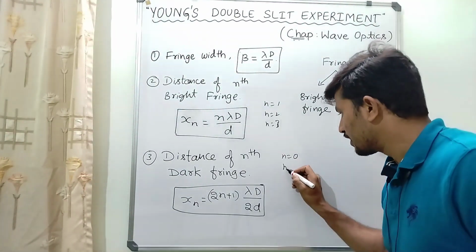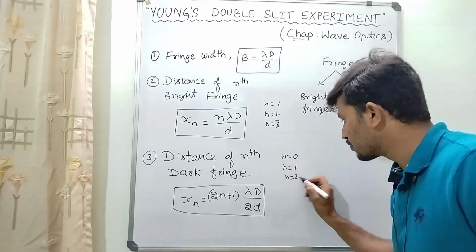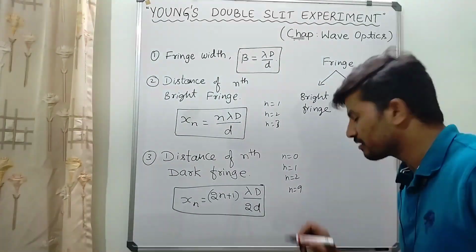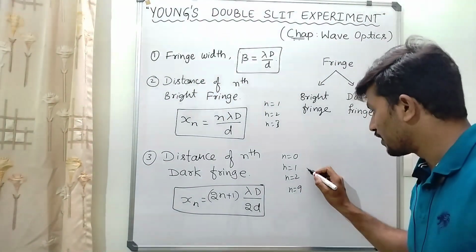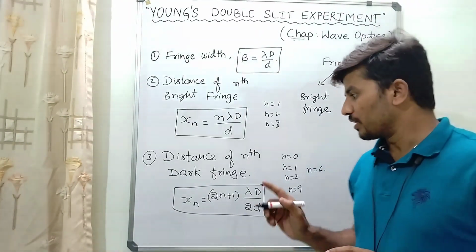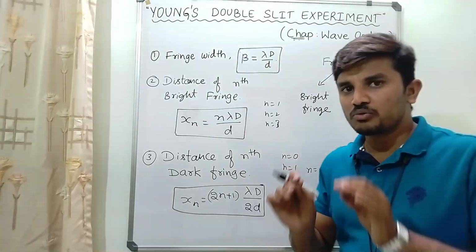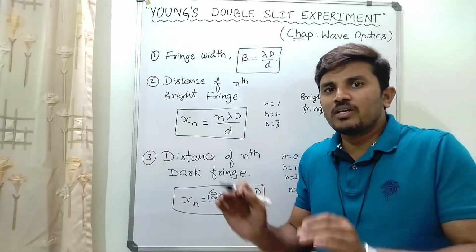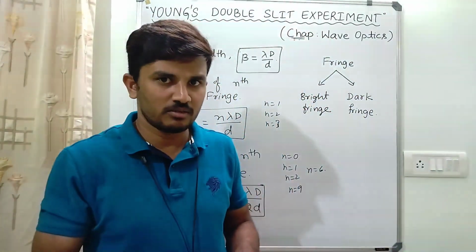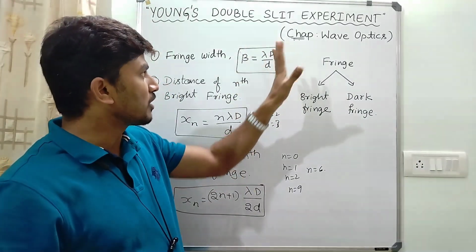Second dark fringe, n value is 1. Third dark fringe, n value is 2. 10th dark fringe, n value is 9. Seventh dark fringe, n value is 6, like that. So don't get confused here, because this is a very important concept that could surely get you one numerical 5-mark question. This time the blueprint has fixed that they will give one 5-mark question on this particular topic.